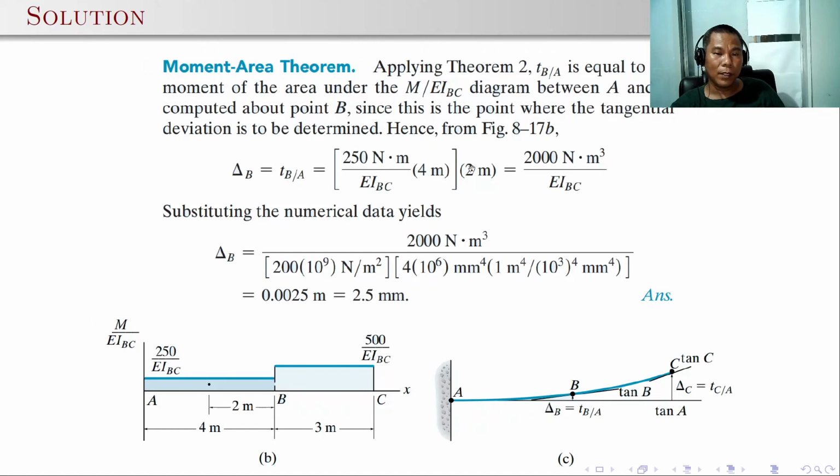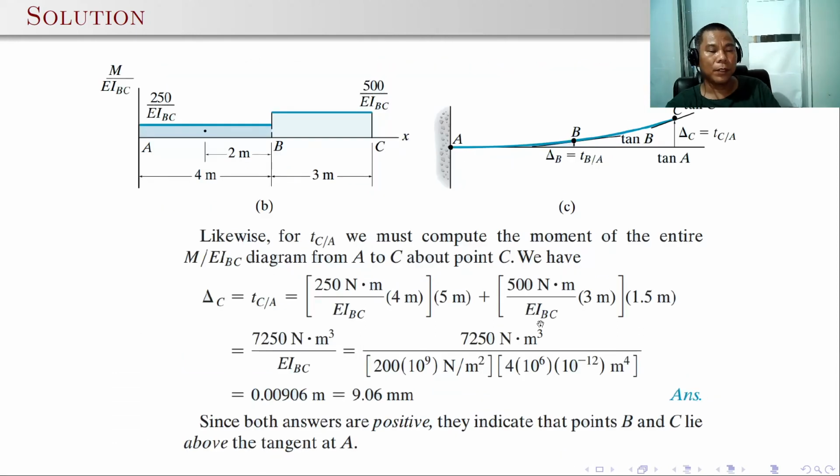And in calculating the deflection, again, you really have to take care about the units. It's very important that the units be compatible. For delta C, that is the tangential deviation of C with respect to A, you have to consider the whole M over EI diagram. So here we have the smaller rectangle and the larger triangle.